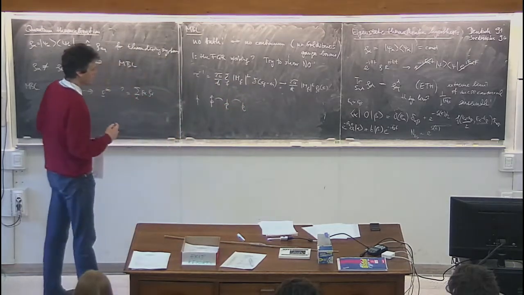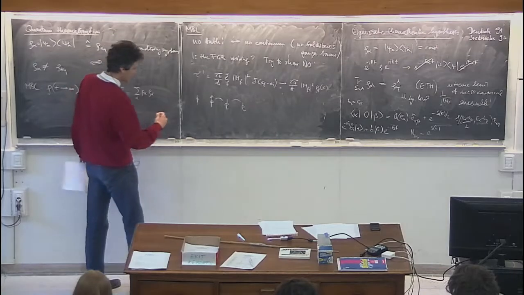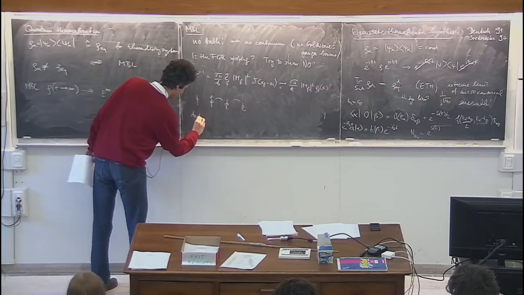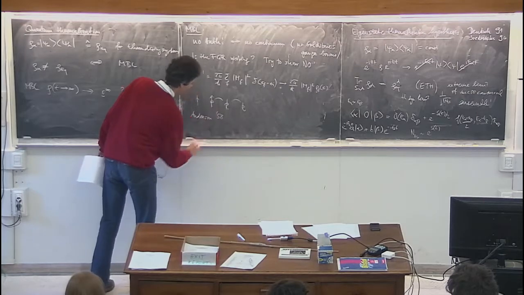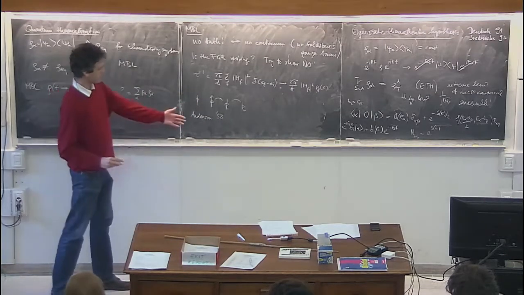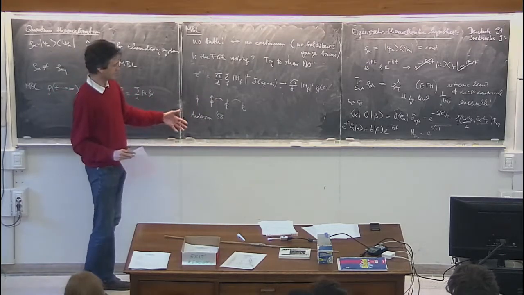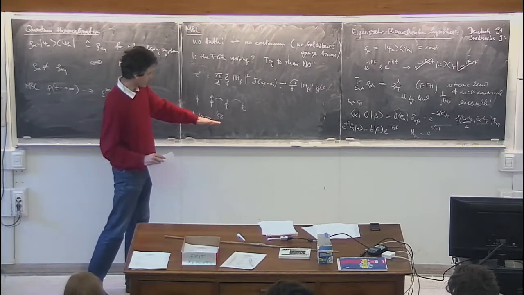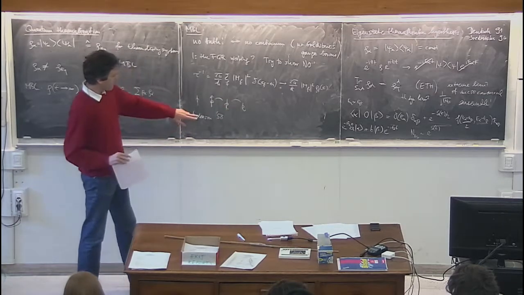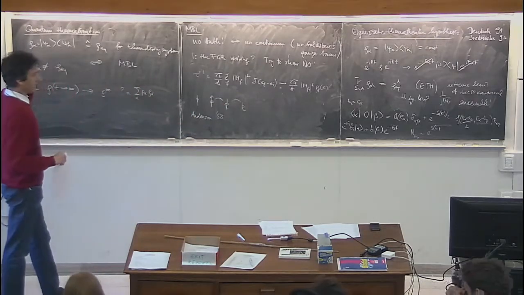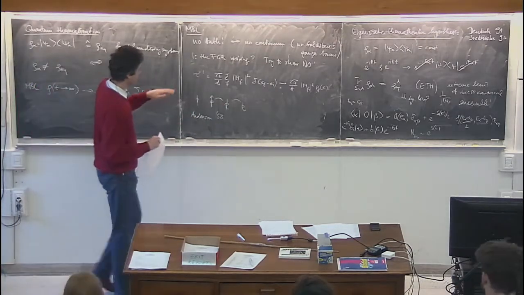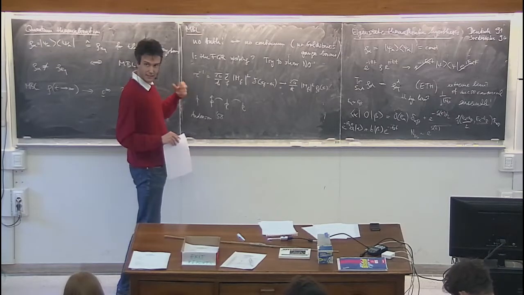So that is the strategy that Anderson already invented in his 58 paper. It's actually a beautiful paper to read, with so much physical insight. I really recommend you read it. He was asking exactly this question: what is the imaginary part of the self-energy, which is nothing else than the decay rate of a particle?